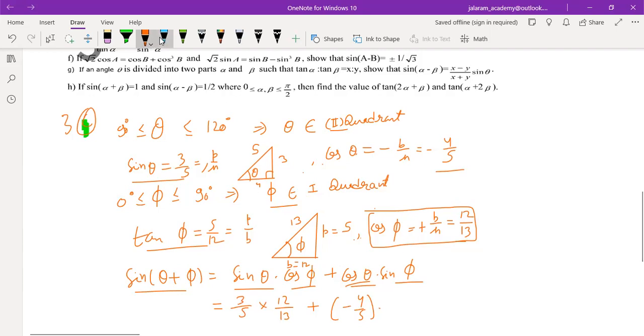We have to find sin phi also. And in the first quadrant, sin phi is also positive, perpendicular upon hypotenuse. So 36 minus 20 upon 13 times 5, which is 65. That is 16 by 65 is the answer.